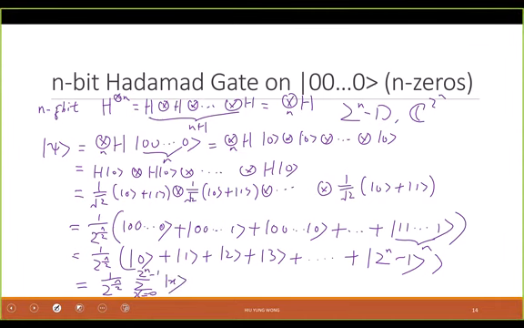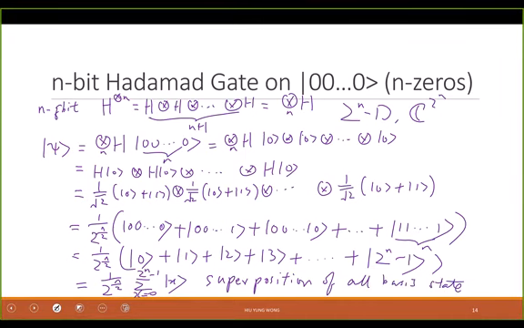The main point is that it is an even superposition of all basis states. This is very important because in quantum computing, you use a lot of superposition. How do you create them?